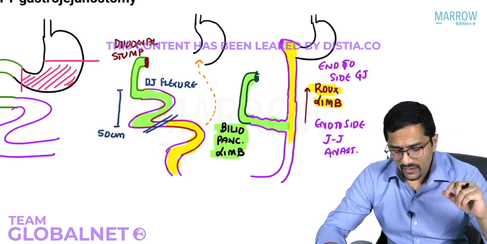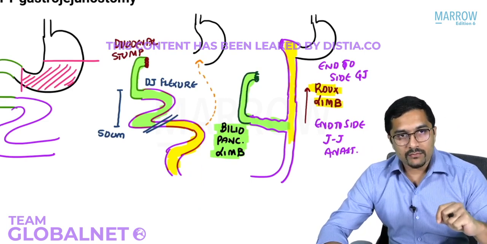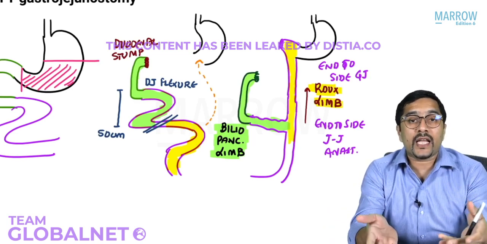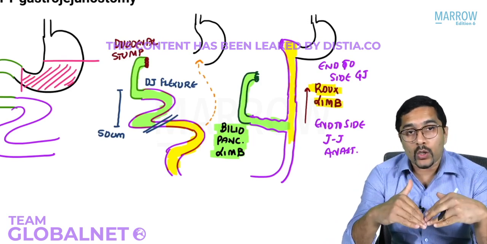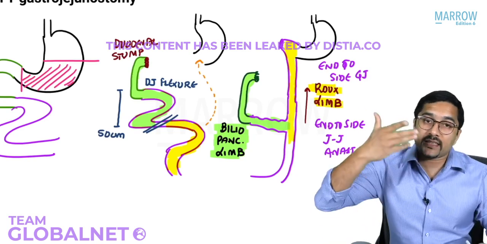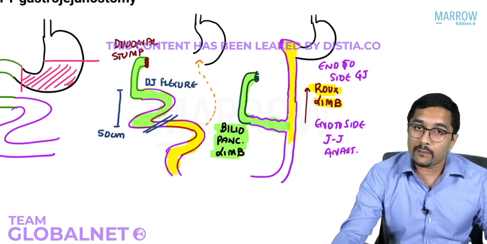Okay. Now you need to understand that, if you remember your anatomy, the jejunum is in the infracolic compartment. Infracolic means below the colon, and the stomach is above the transverse colon. So the stomach is in the supracolic compartment, whereas the jejunum is in the infracolic compartment.